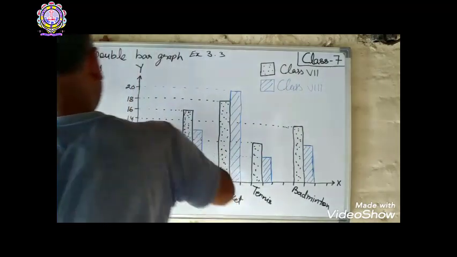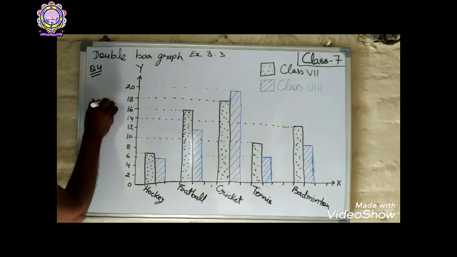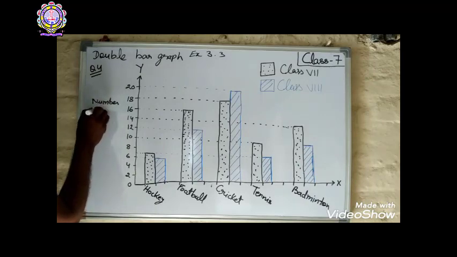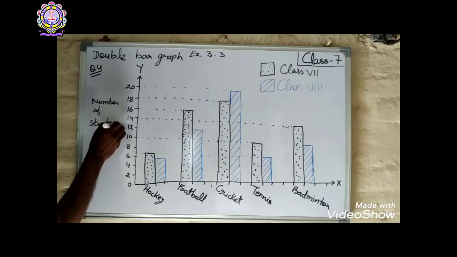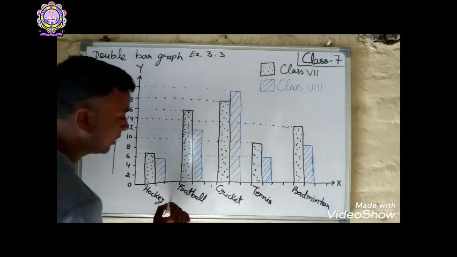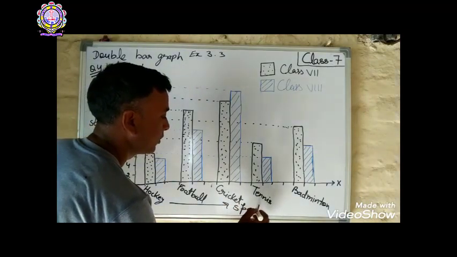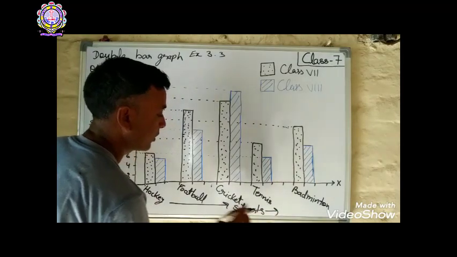There is a number of students. Y-axis shows the number of students and X-axis shows sports.